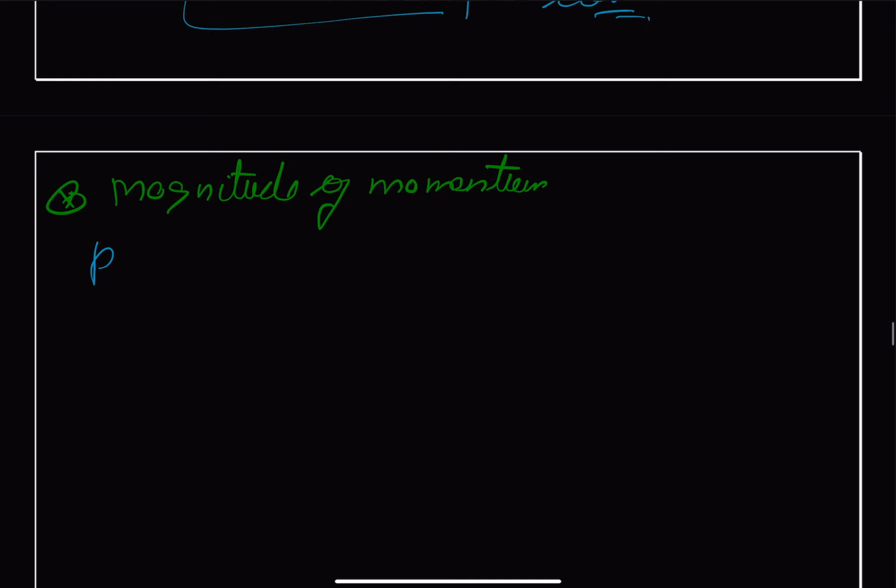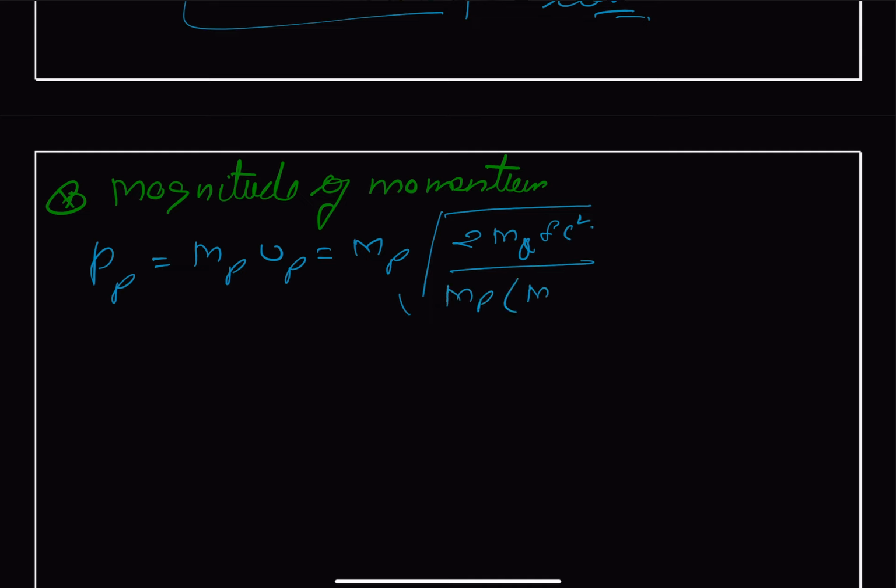So we can say momentum for P will be equal to mass of P, velocity of P. So we have mass of P and velocity of P, the formula we already know is our twice mq delta C square divided by mp plus mq.